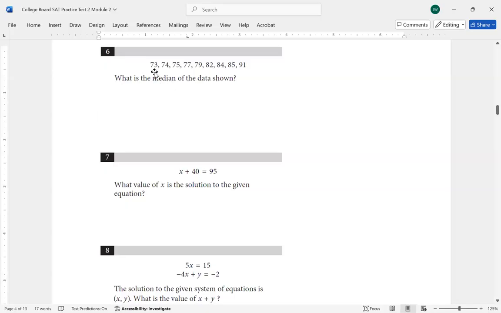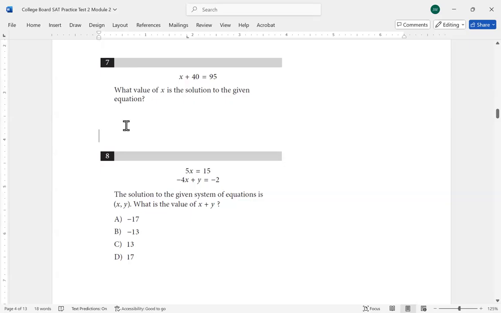And lucky for us, these values are already in numerical order. So the middle value is going to be the 5th one in numerical order. That is the value of 79. So in this case, the answer is simply 79. That's the middle number.